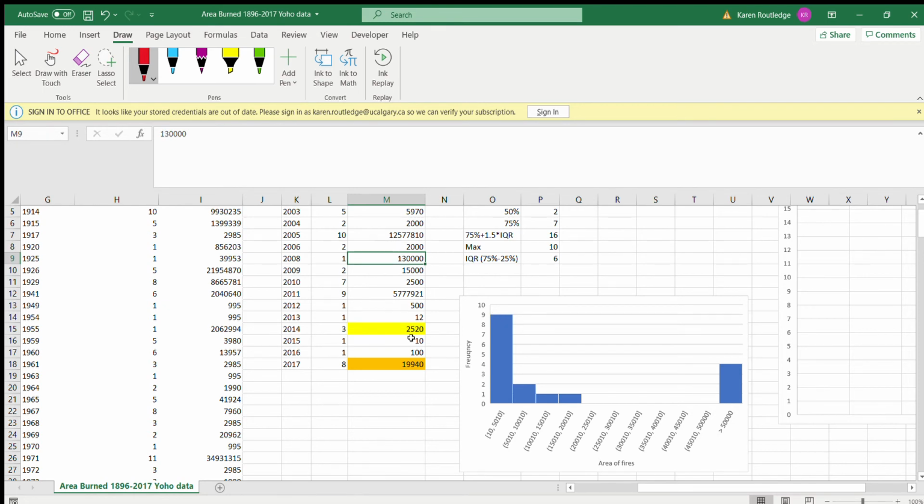This data point does not fall within 10 to 5010, and so it is not included in this one. That 130,000 goes into this bin, actually. And so pretty much data point by data point, we count and we see which bin it falls into, and in the end we count up how many data points are in each bin, and that creates our histogram for us.